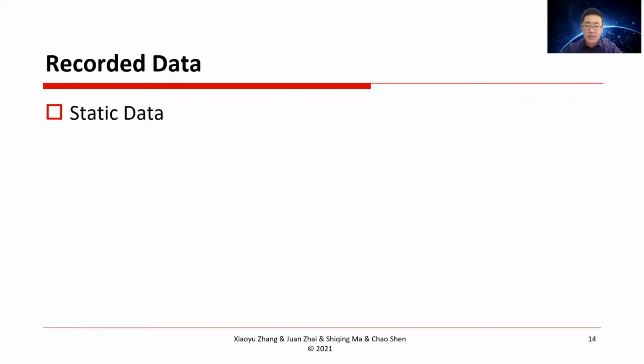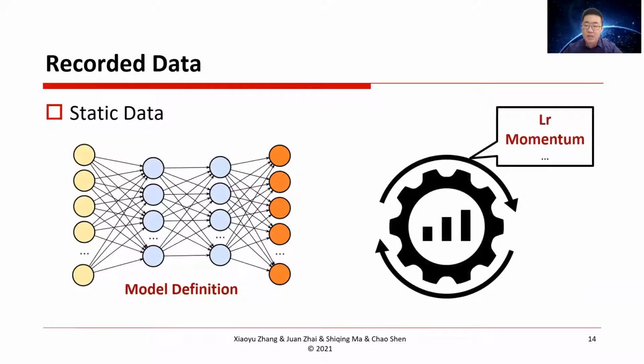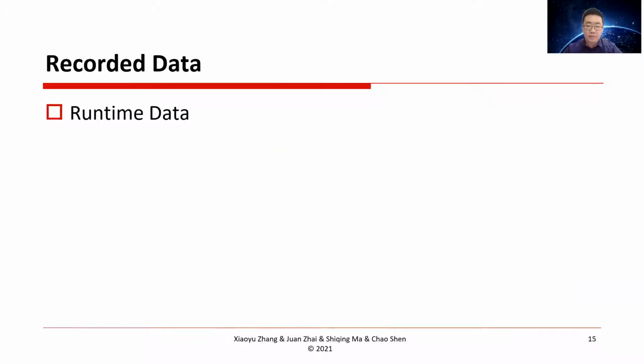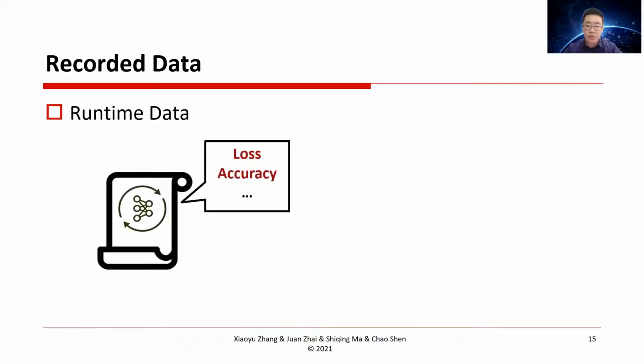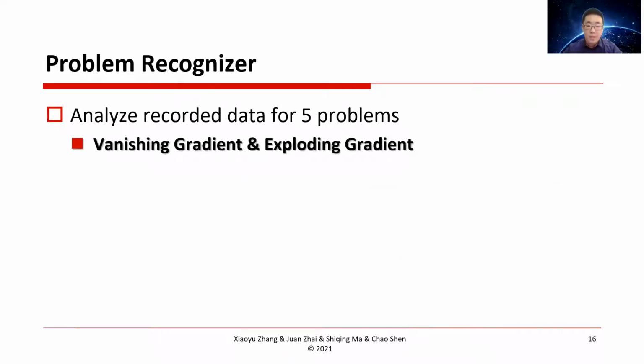The static data includes the model definition, such as the activation functions and optimization details, like the learning rate. The runtime data is collected in the training process, and it includes the training logs and other necessary variables like the weight. Based on the recorded data, the problem recognizer analyzes and checks for the training problems regularly.